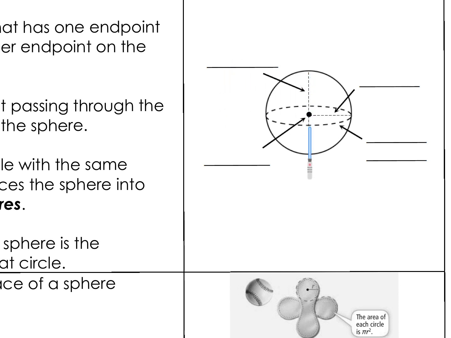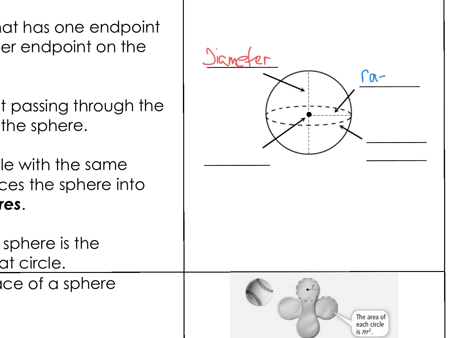this is pointing to this line right here, which is going from top to bottom through the center of that sphere. So this is known as the diameter. And then this is halfway from the edge of the sphere to the center. So this is, of course, your radius.